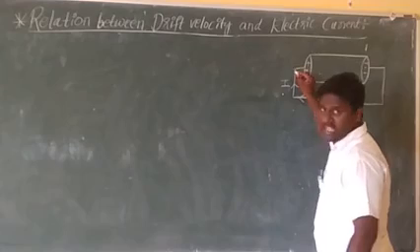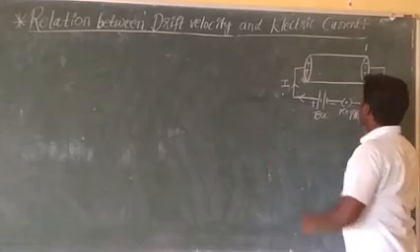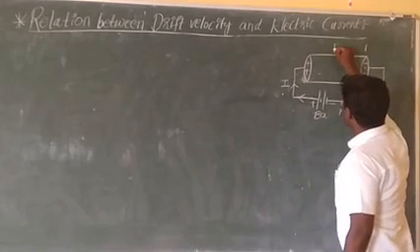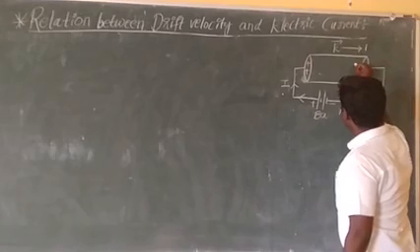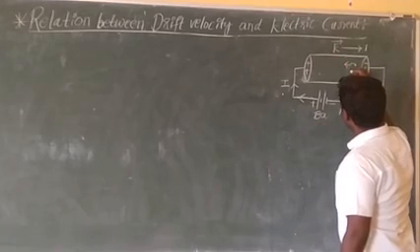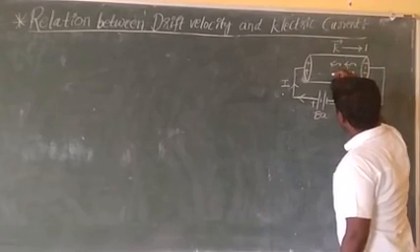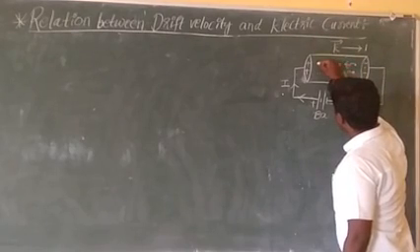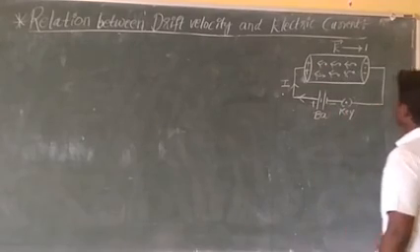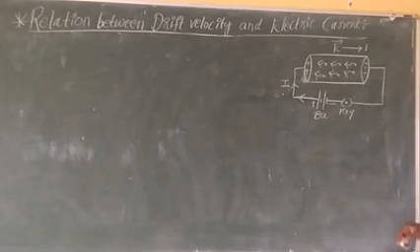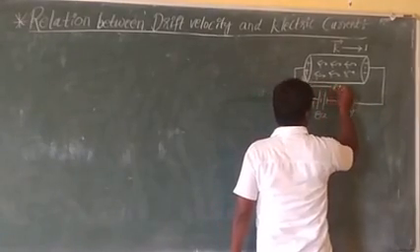If this is the applied electric field, and these are the electrons, electrons are found moving opposite to the applied electric field. Here L is the length of the conductor.